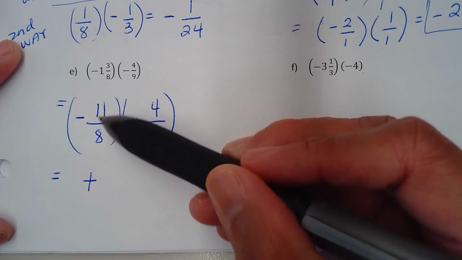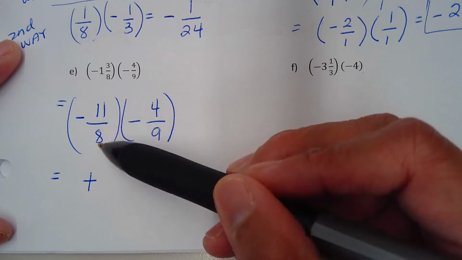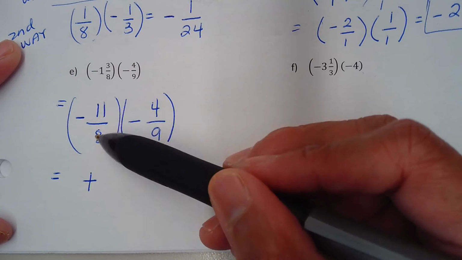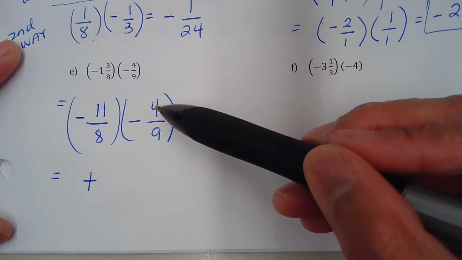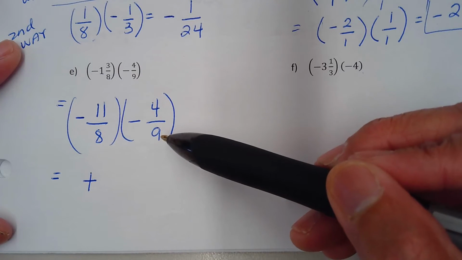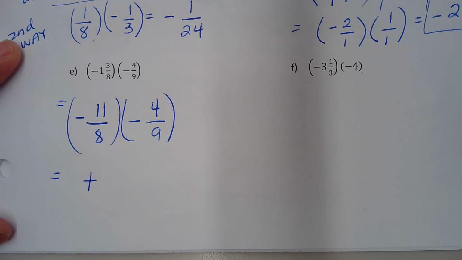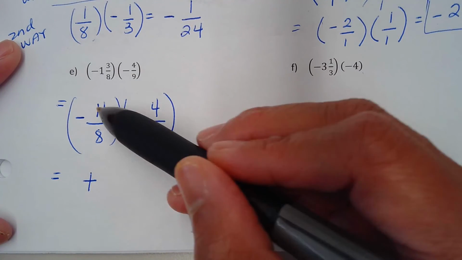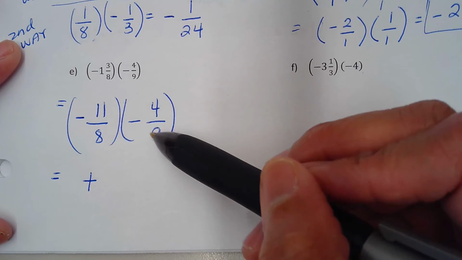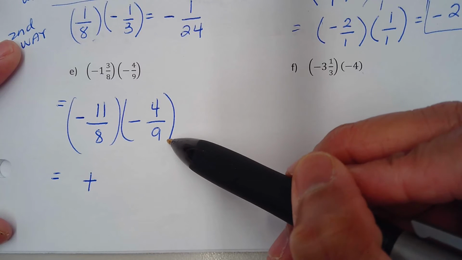Can I reduce these? Is 11 eighths reducible? No. Is 4 ninths reducible? No. We don't have much choice there. What about these two? Cross-reducing. 11 and 9, can it be reduced?